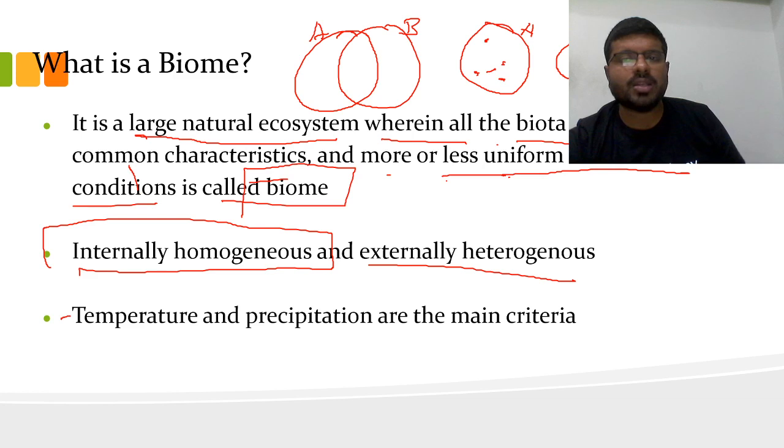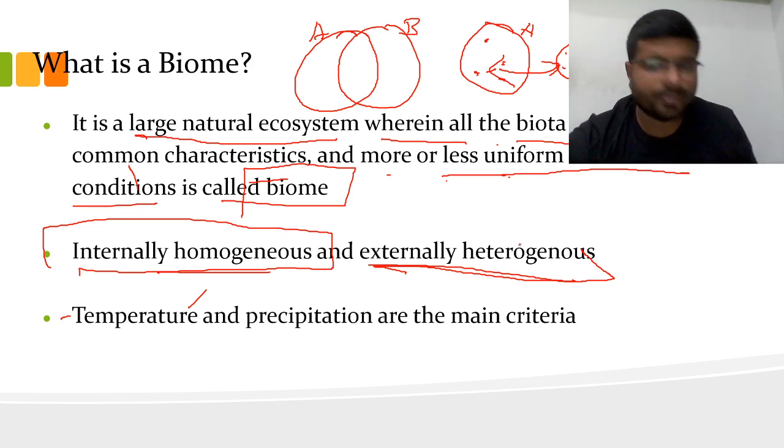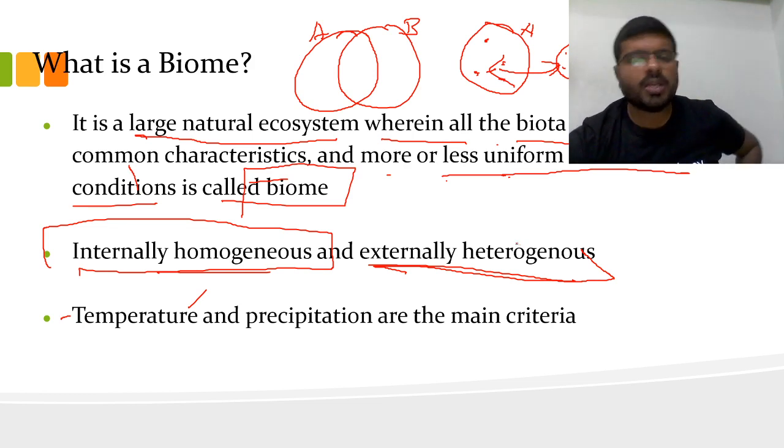Compare this with another biome. There will be variations. That is what we call internally homogeneous and externally heterogeneous, heterogeneous externally when you compare with outside biomes. Internally it is the same. Then which are the most important criteria?